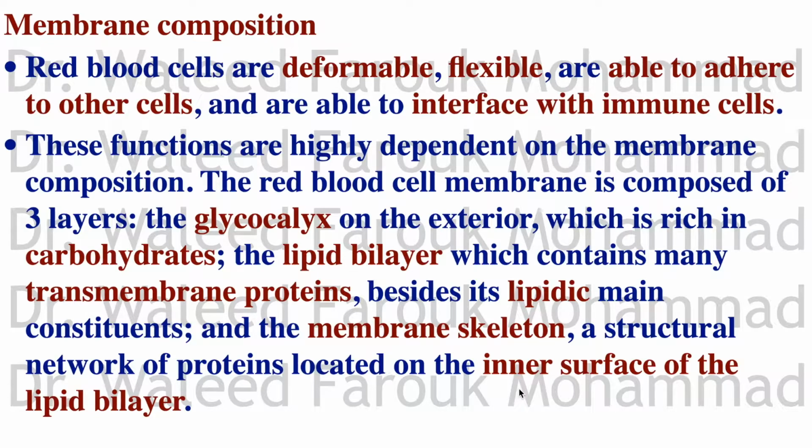It's composed of three layers: an outer glycocalyx, which is mainly carbohydrates, a middle bilipid layer with transmembrane proteins, and the internal skeleton, which is a network of protein on the inner surface of the bilipid layer. So it has three layers: glycocalyx, bilipid layer, and inner surface proteins.